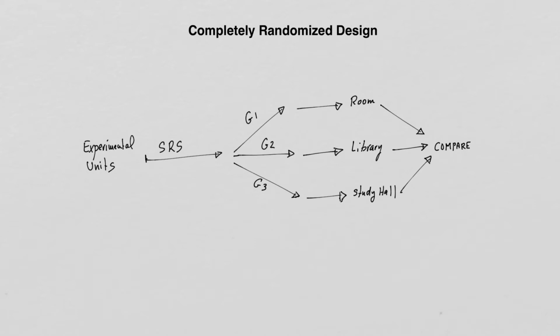And that's why we use the words completely randomized design. In other words, a person has an equal chance of being in this group or that group. So you may want to find a way to split this in such a way that each member has an equal chance of being in any group.